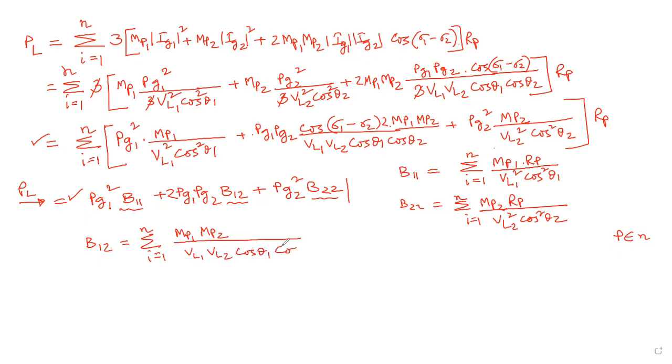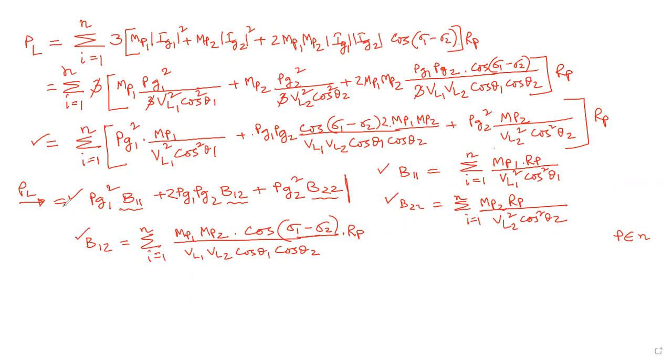Cosine theta 1 cosine theta 2 cosine of sigma 1 minus sigma 2, and multiplied by RP. So these are my beta coefficients or B coefficients.